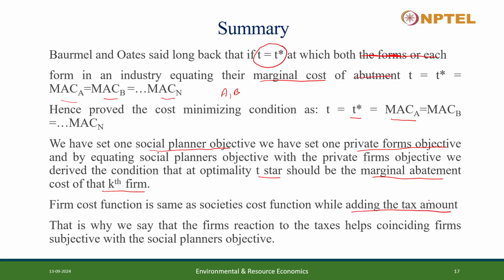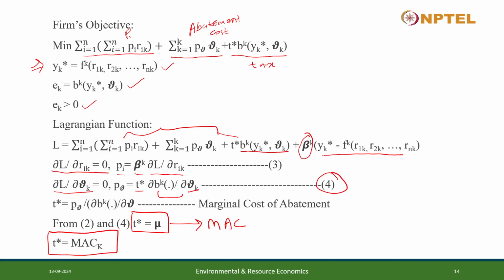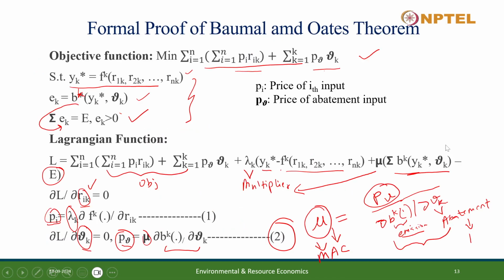So if you levy some tax amount, then the private optimum and social optimum converge. The firm's reaction to the taxes helps coincide the firm's objective with the social planner's objective, that is to maximize social welfare at minimum cost. That is what we have derived from these few slides.